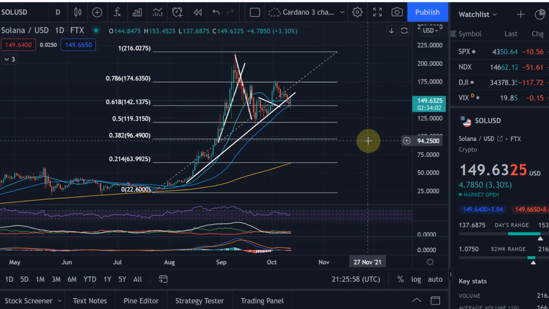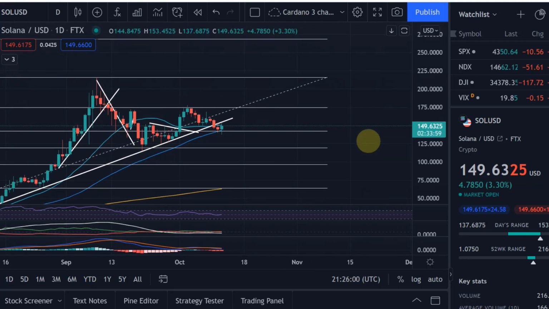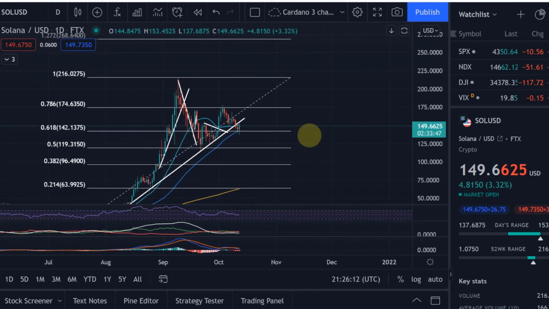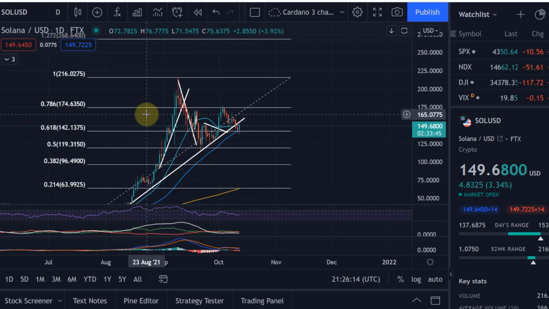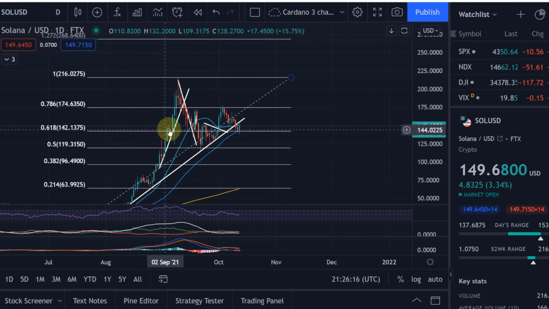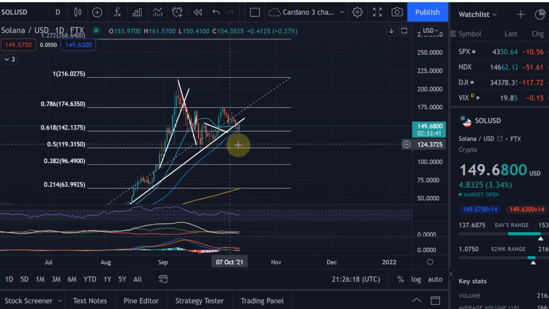What we can see at the moment is the 0.382 Fibonacci retracement level, and we found support exactly at this level. It's currently sitting here at $142.